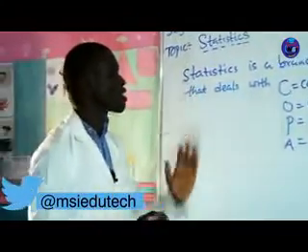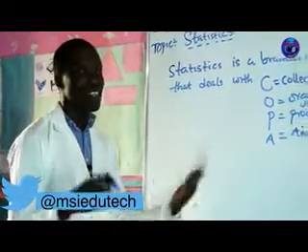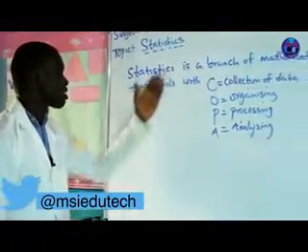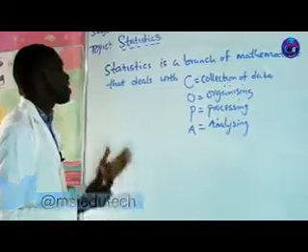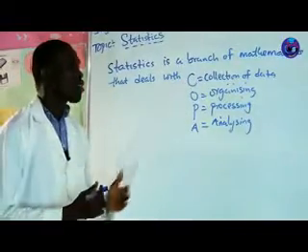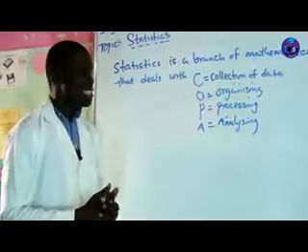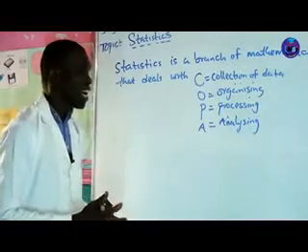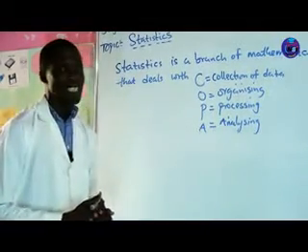So this is what we call statistics. You can use this method to define statistics. So statistics is a branch of mathematics that deals with collection of data, organizing data, processing, and analyzing data.